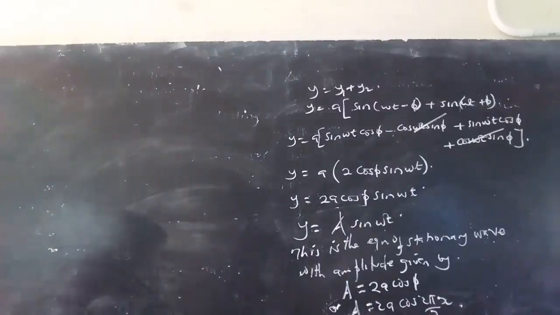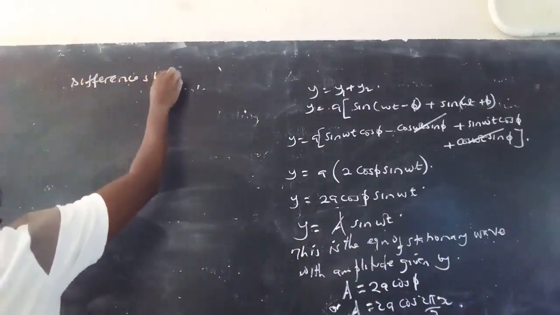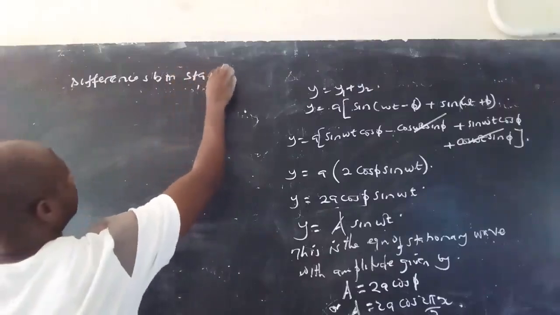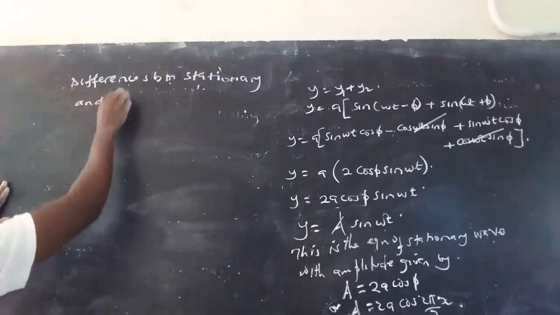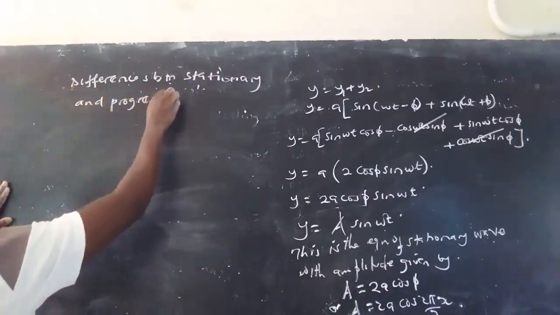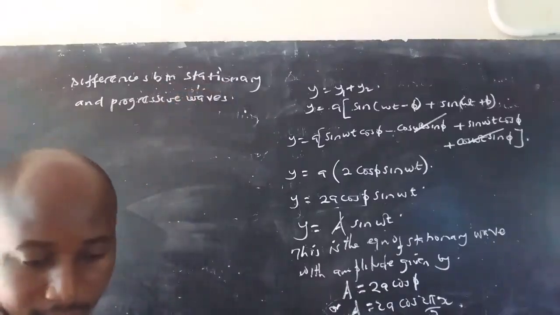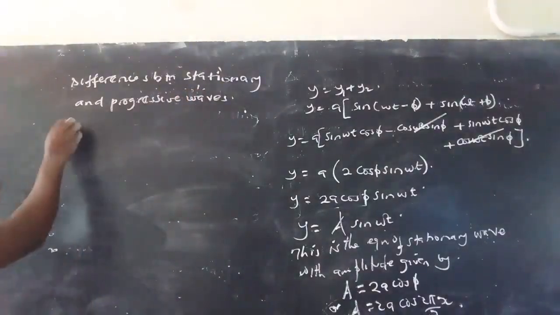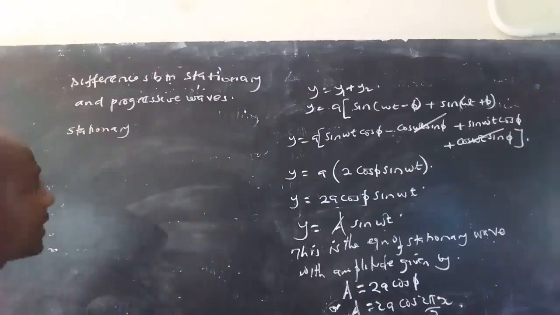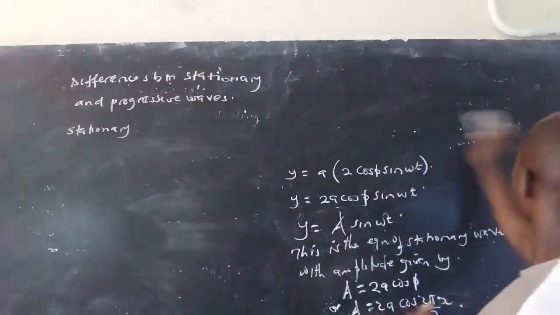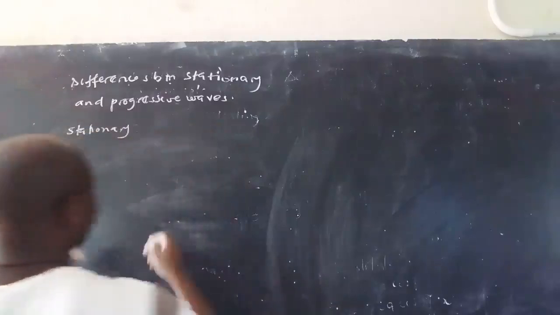What are the differences between stationary and progressive waves? Let me draw a table: here stationary, and on this side progressive.